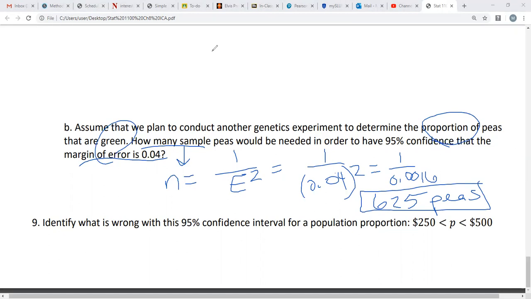On number 9, it says identify what is wrong with this 95% confidence interval for a population proportion. And we're saying that P is between $250 and $500. So the main thing here to note is that these are given as values. And all of the time, if we're talking about a population proportion, then the proportion should be not actual values.